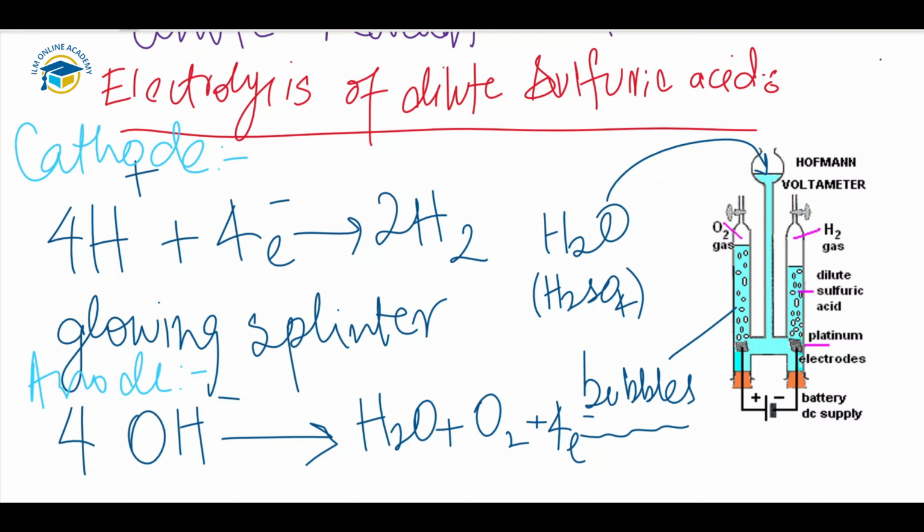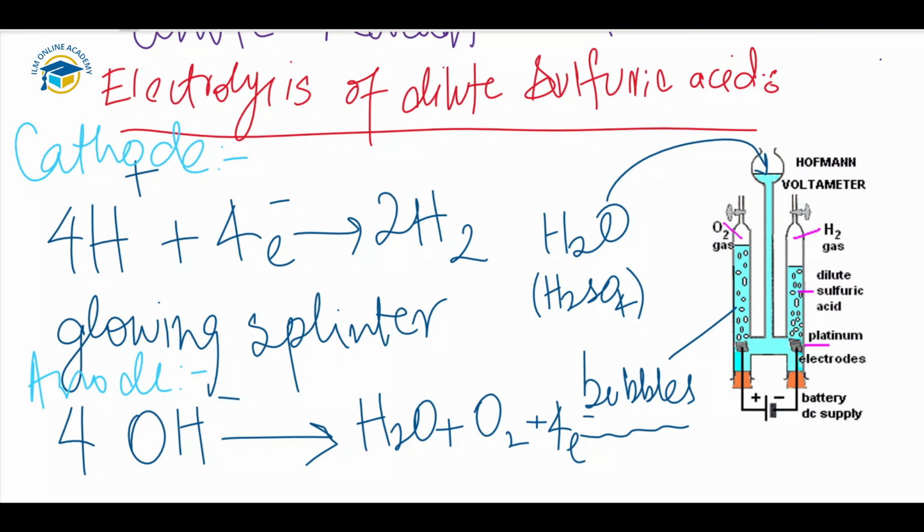So at an inert anode, chlorine, bromine and iodine, the halogens, are preferred over oxygen, and at an inert cathode, hydrogen is preferred over the metals unless an unreactive metal is present. So this is how the electrolysis of dilute sulfuric acid happens at the Hofmann voltameter, where we have water with a few drops of sulfuric acid added.